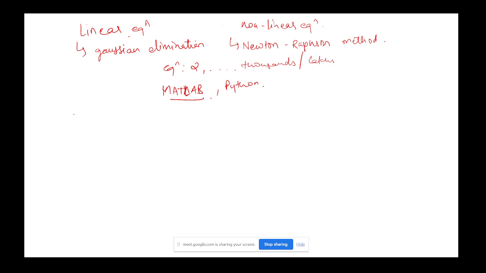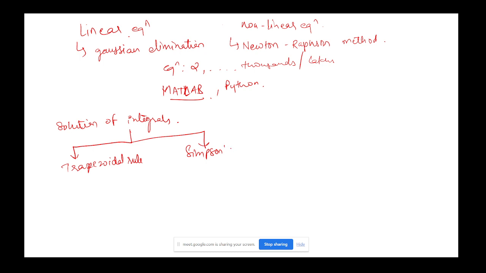Another technique we studied was for the solution of integrals. It was divided into two, one was the trapezoidal rule. We studied both of them, and how, if the integral is complicated to solve algebraically, we apply this numerical method.